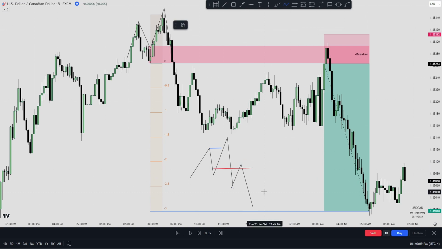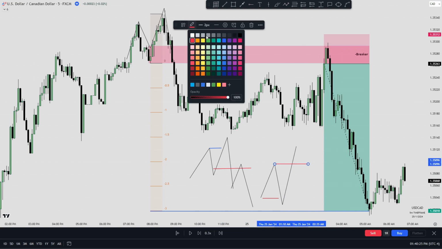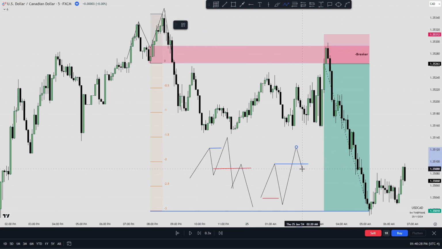From the opposite stance, it would be a low, high, lower low that takes out this low. And then as we break above this high, this is now seen as a bullish stance. So when price action comes back into this high, it then finds support to see that overall push to the upside. So this would classify as the bearish breaker, and this would classify as the bullish breaker.